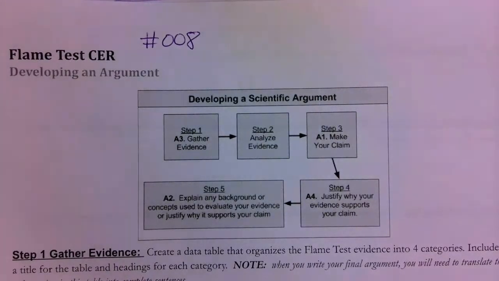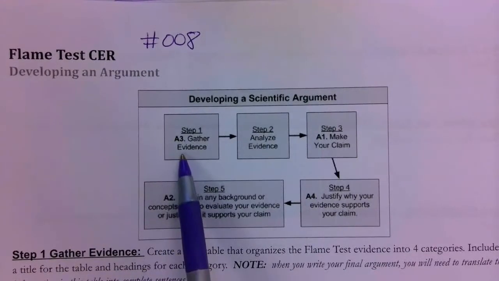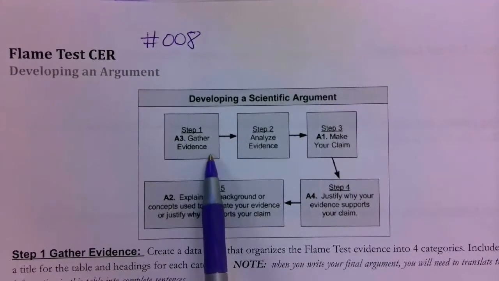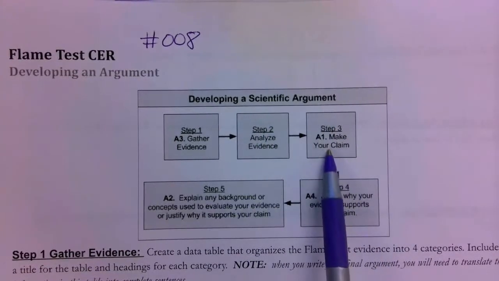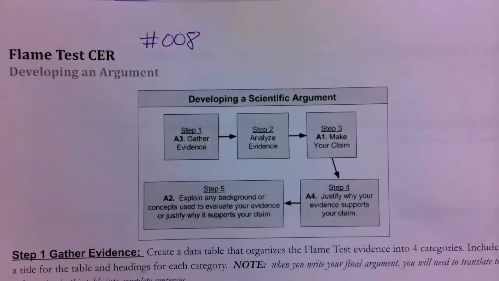When we're developing an argument, which is what claim, evidence, and reasoning is all about, developing a scientific argument, you start with a question, okay? I just wanted to review the question we looked at, and then we'll look at how we gathered our evidence, how we analyzed it, what kind of claim you could make, and what your justifications are.